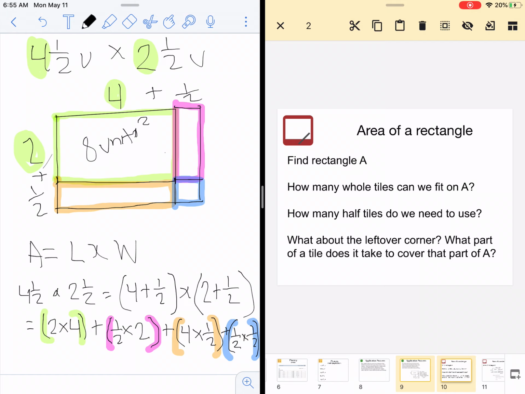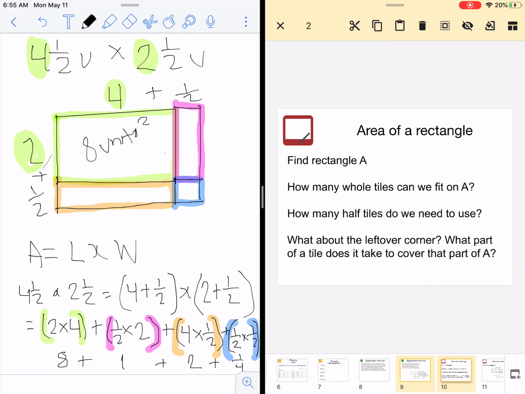So now let's solve. 2 times 4 is 8, plus 1/2 times 2 is 1. 8 plus 1, plus 4 times 1/2 is 4/2, 4 halves, which is 2, plus 1/2 times 1/2 is 1/4.